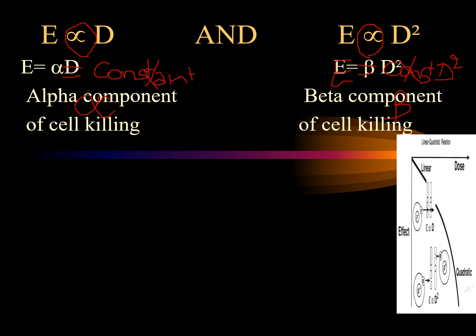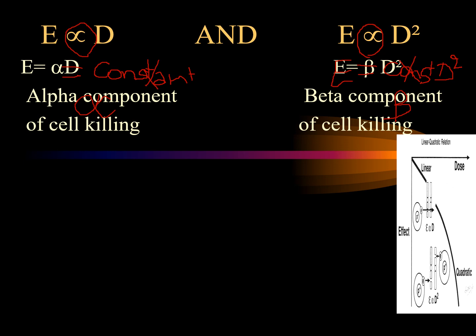And the second part of the curve is under the control of, or the relationship is, a quadratic relationship. Use these large, bulky, fancy words now. You can play with it. The first part of the curve is a linear relationship, a linear cell killing, an alpha component of cell killing. And please repeat with me.